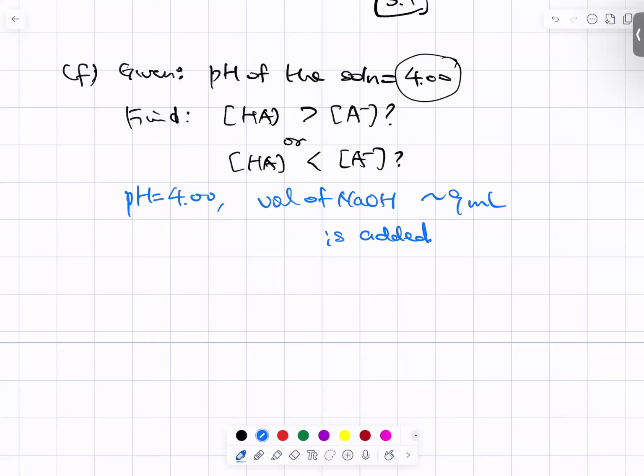Okay. So that let's have quick quantitative calculation. I want you to understand the quantitative calculation. And here we have 0.2 moles per liter of sodium hydroxide.